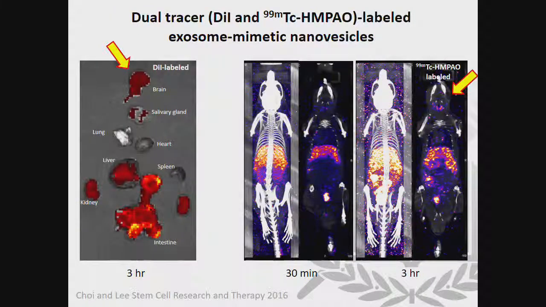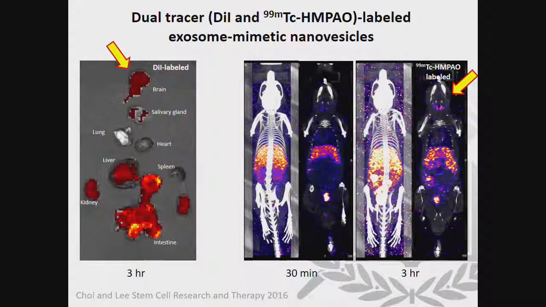And then let me go to the almost final. There has been a report that usually exosomes are labeled with fluorescence dye, here DiI. However, once exosomes are disintegrated, what's the fate of the fluorescence dye?